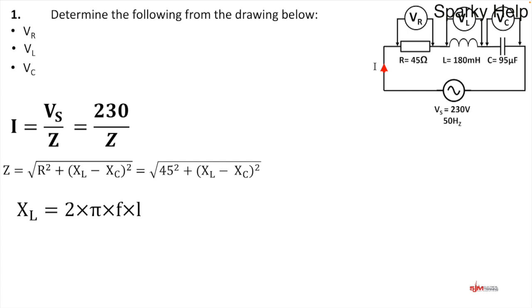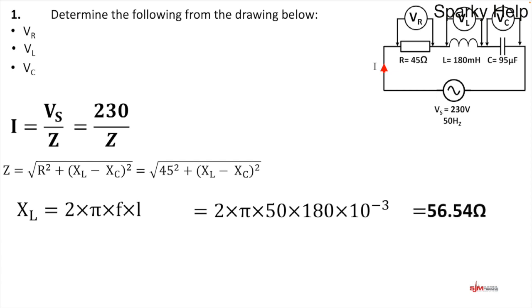XL is 2 times pi times F times L. Putting in the figures we know, we've got 2 times pi times 50, which is the frequency, and it's 180 millihenries, so 180 times 10 to the minus 3. Or you can divide your answer by 1000, either or, as long as you get to an answer that should come out at 56.54 ohms.